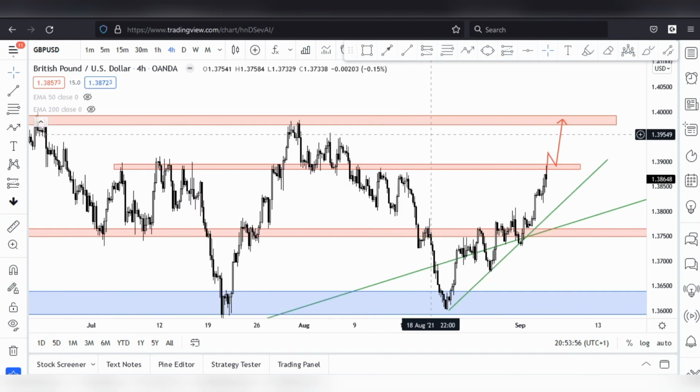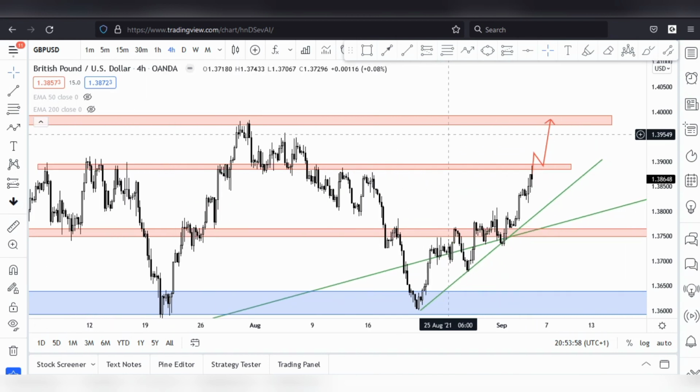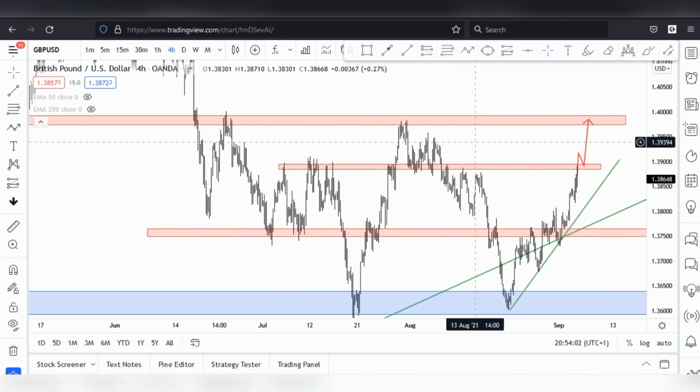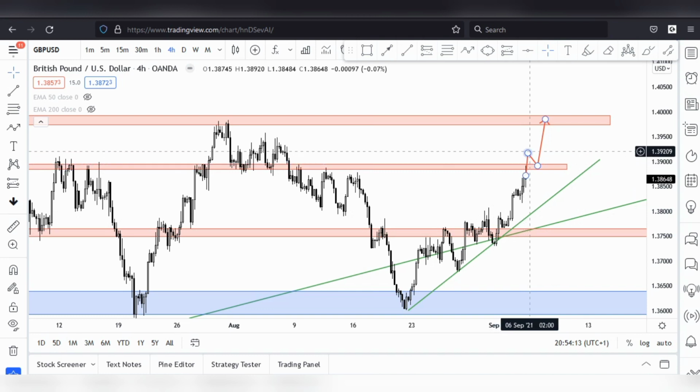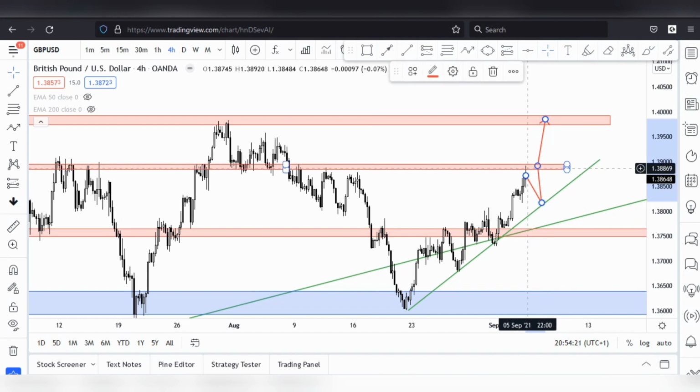All right, so this is what we'll be looking at, and the reason why I'm expecting price to continue to the top is because even from this 4-hour time frame, you can see that price has been making higher highs and higher lows. It's making this higher high now, so there could be a break, or price could move all the way down to form a higher low before breaking this previous high and forming a higher high.